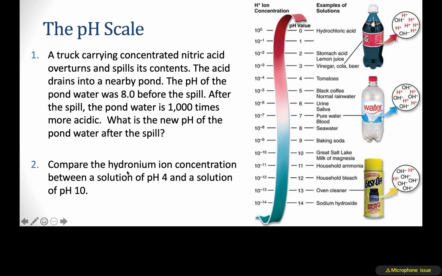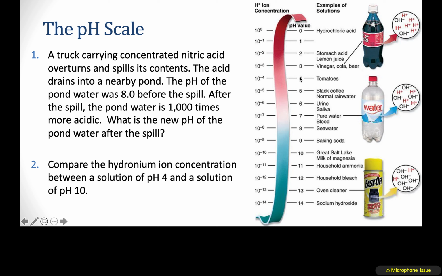Because it is asking us to talk about hydronium ion. So we could say there's a million times more hydronium ions in pH of 4 compared to pH of 10, or we could say there's a million times less hydronium ions in a pH of 10 than a pH of 4.